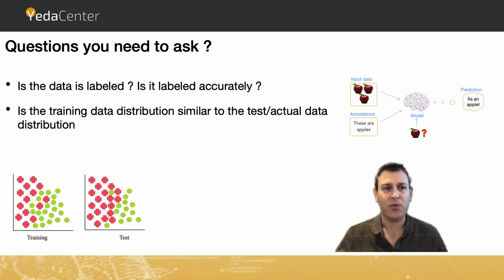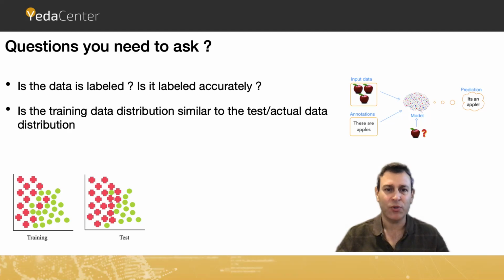Another question that you need to ask is, is the training data distribution similar to the test or actual data distribution? The distribution of the data of the training and the validation or the testing is really important. Otherwise, you'll have some overfitting.